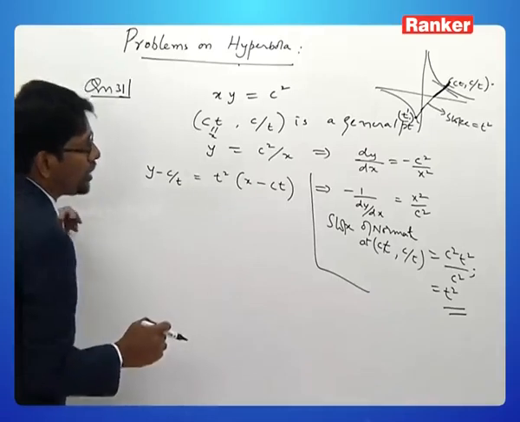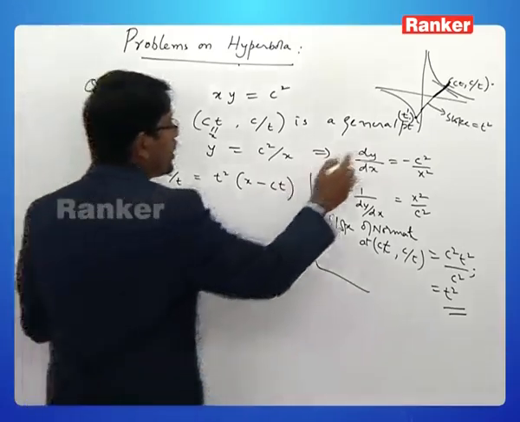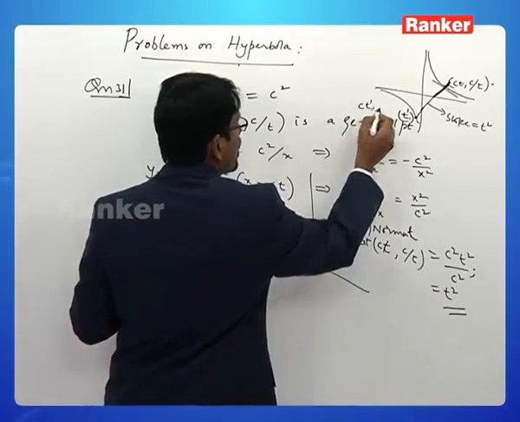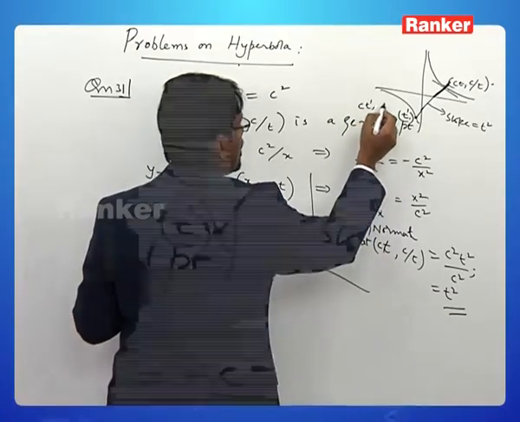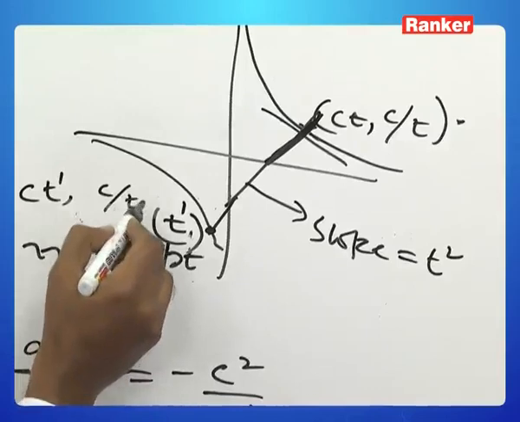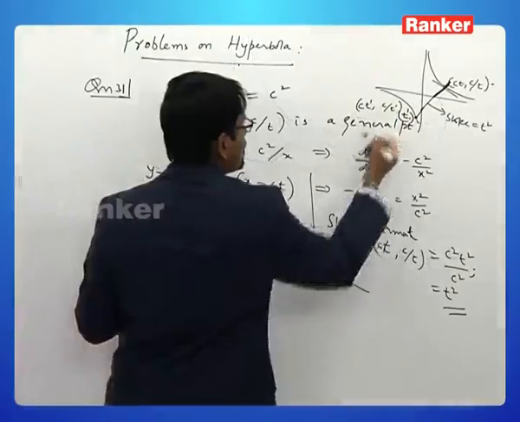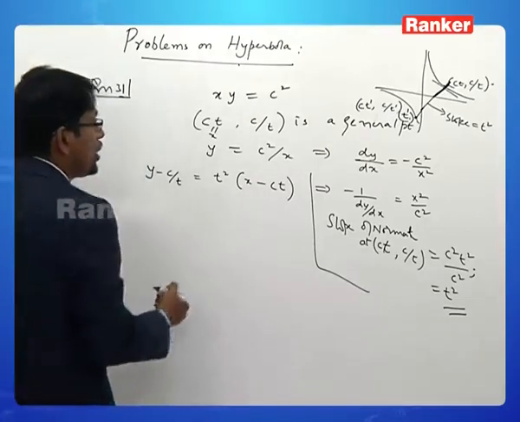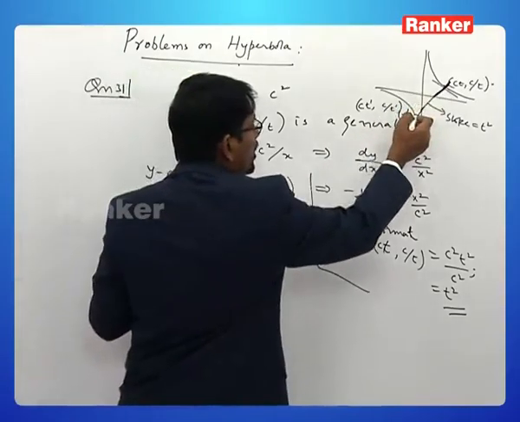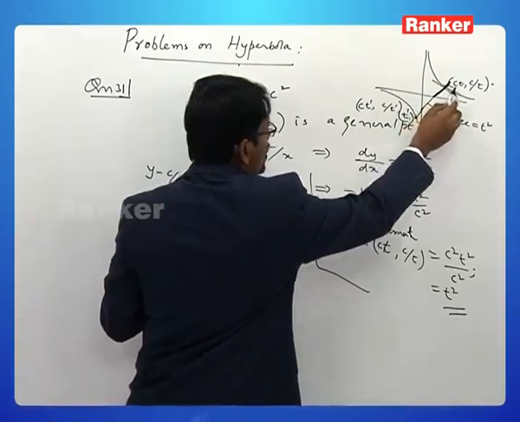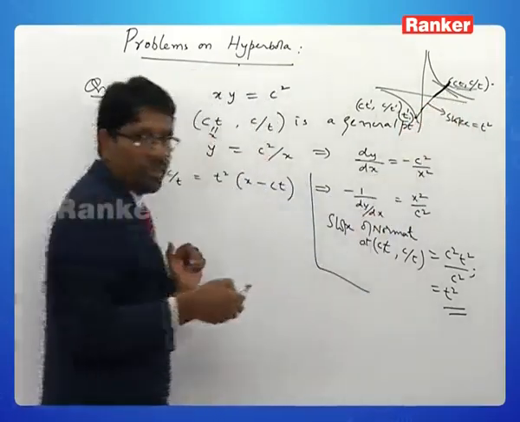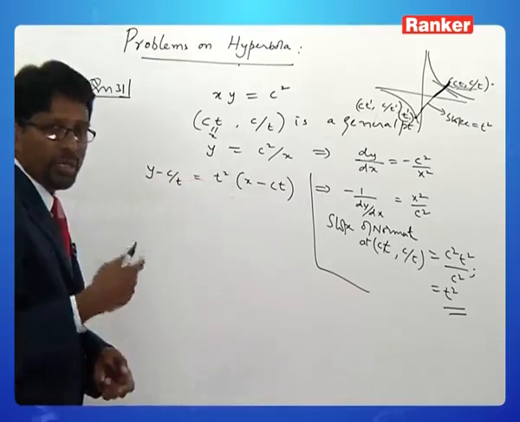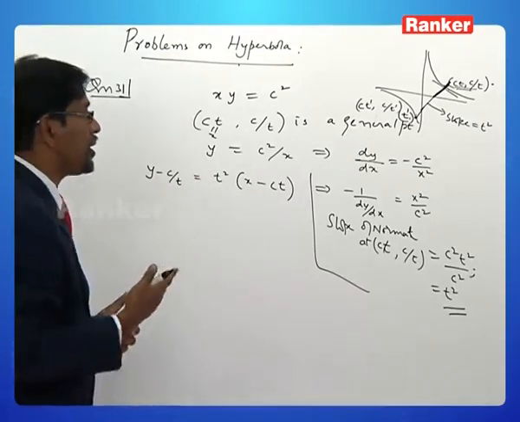Now let us see, what are the coordinates of this point? ct dash comma c by t dash. I can write it like that. We can do one thing here. The slope of this normal can be calculated by using the two-point formula, y2 minus y1 by x2 minus x1, and we will equate that to t square, then get a relation between t and t dash.